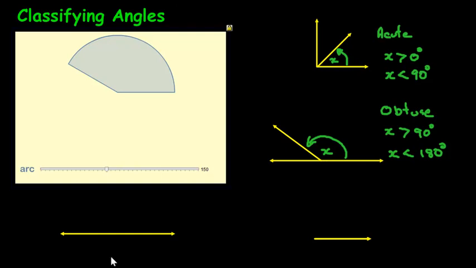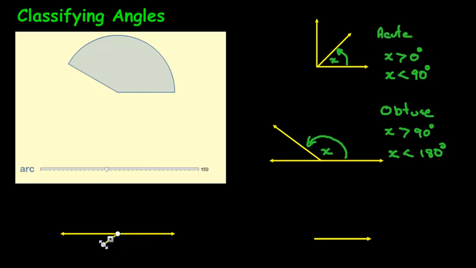Once we move beyond 180 degrees, we get what we call a reflex angle. Now reflex angles are fairly big. They can go from 180 degrees right around, but they must be less than 360 degrees.